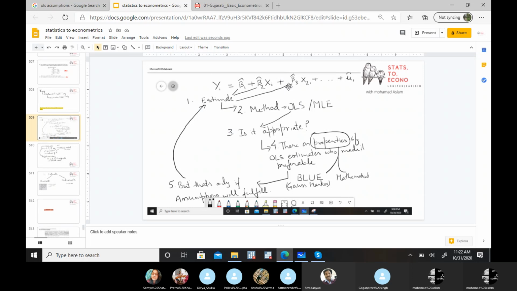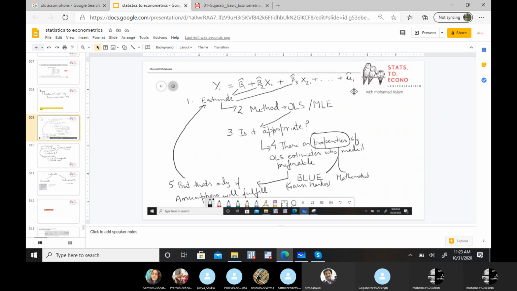In this econometric model, we have three different things, or I can say four different things. First, you have independent variables, dependent variables, and the residual term. A few of the assumptions are related to the behavior of these variables: dependent, independent, and the residual term. Two or three or four assumptions are restricted to the residual term.